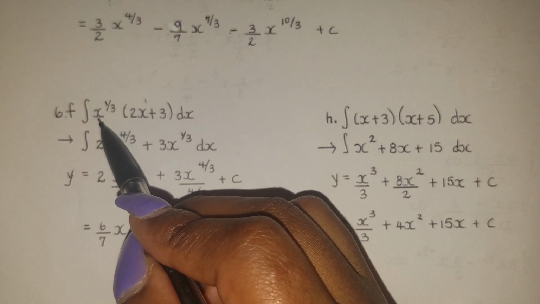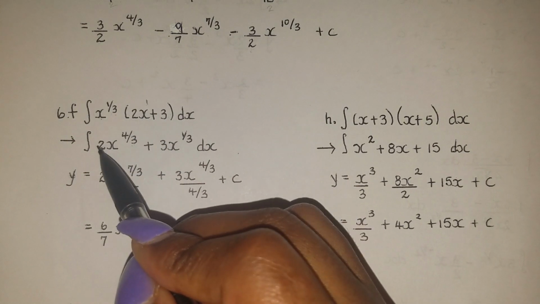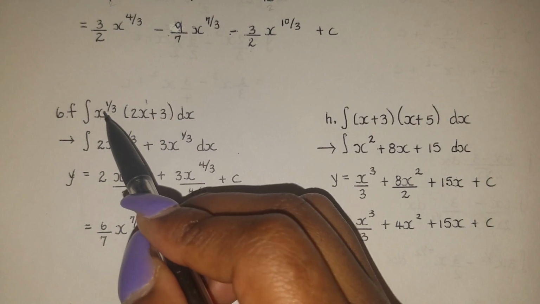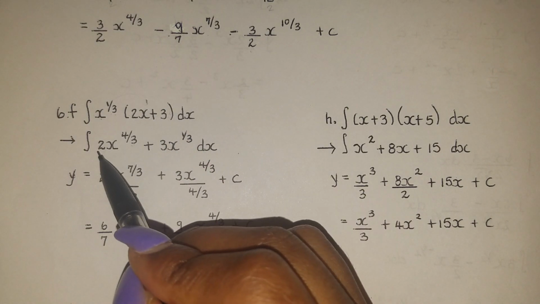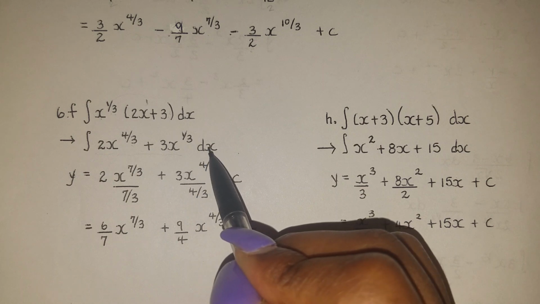So once more, x to the third times 2x is 2x to the 4 over 3. And then x to the third times 3 is 3x to the third.